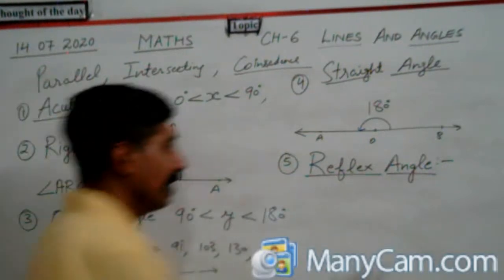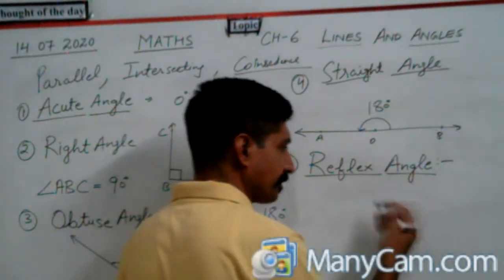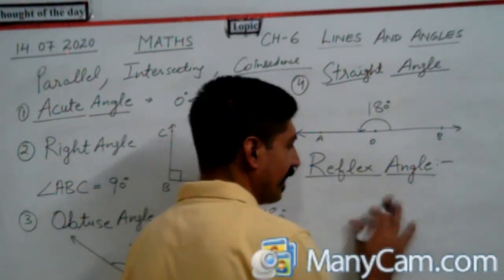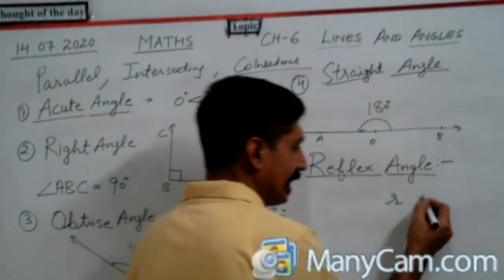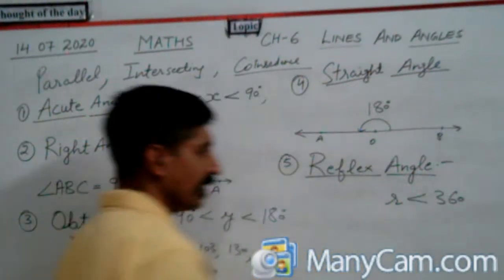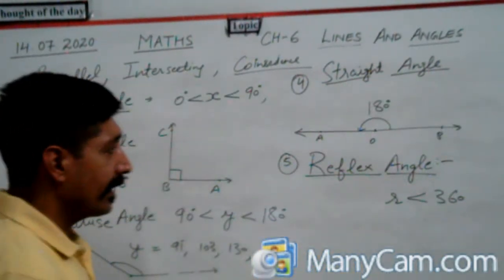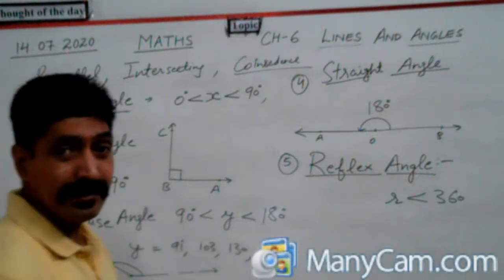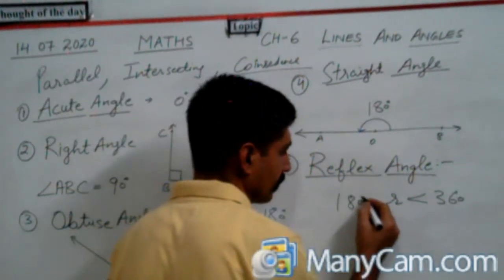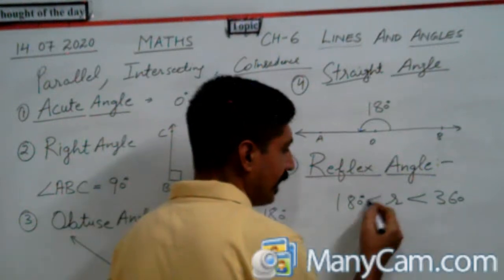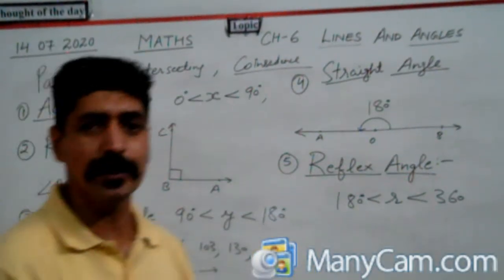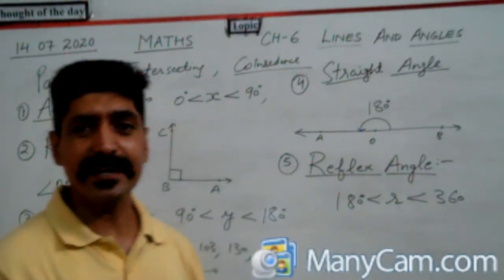Let angle R be the reflex angle, then it is always less than 360 degree, right? And greater than 180 degree. The angle greater than 180 and less than 360 is called the reflex angle.